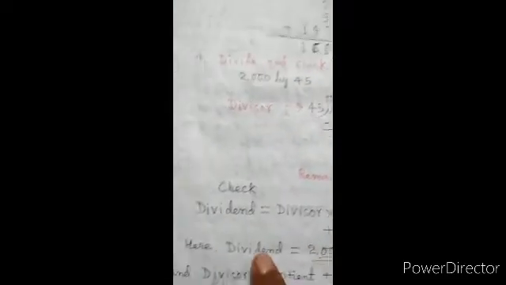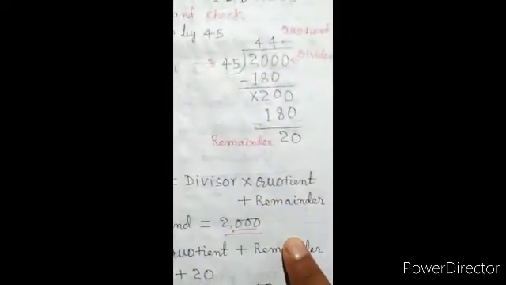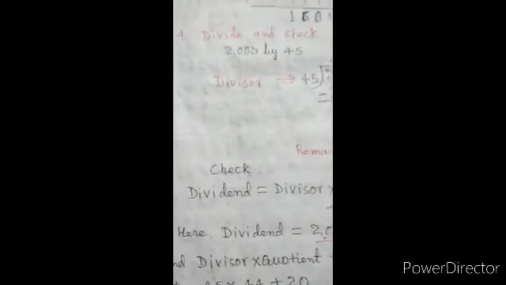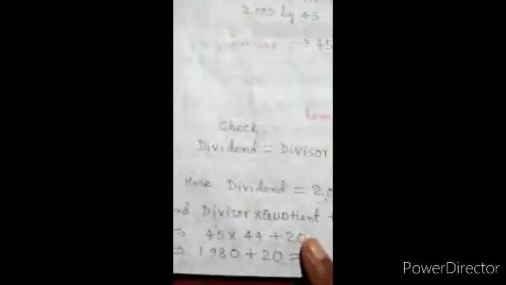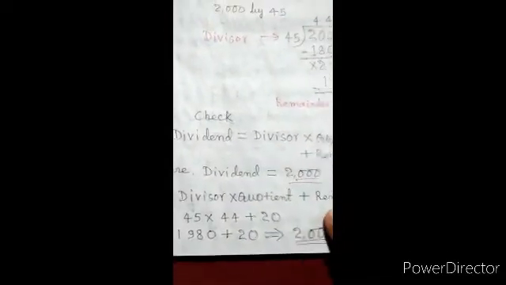Now check it. As we know, dividend is equal to divisor into quotient plus remainder. We have to check with the help of this formula. This is also called the algorithm. The dividend is already given, that is 2000. Now the right side is divisor into quotient plus remainder.